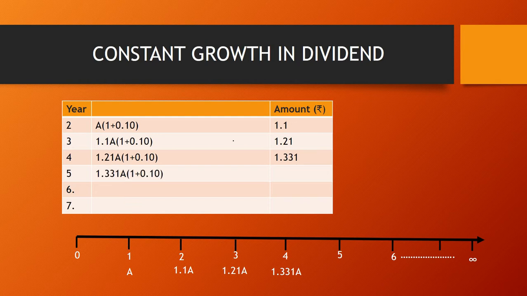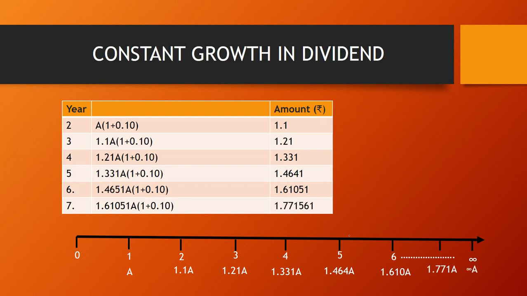In the fifth year, 1.4641. In the sixth year, whatever we got in the fifth year plus 10% extra, so our amount will be 1.610. In the seventh year, I am going to get 1.771, and so on.